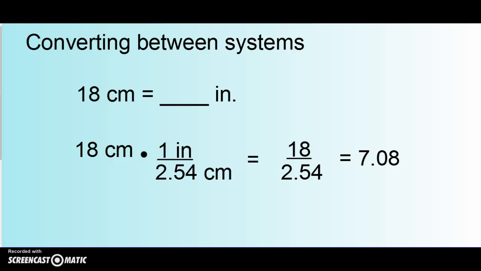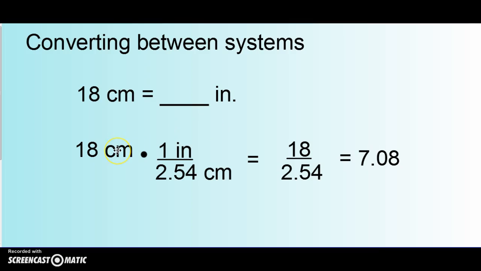You'll also be asked in this lesson, they packed a lot in, to convert from metric to standard, what we use in our country, so centimeters to inches. You have a conversion chart in your book, and I'll try to print one out and hand that to you tomorrow.